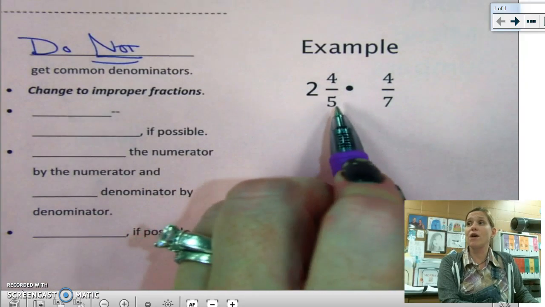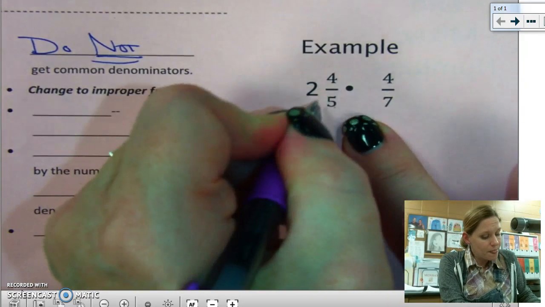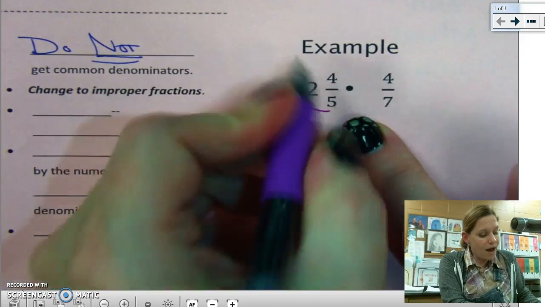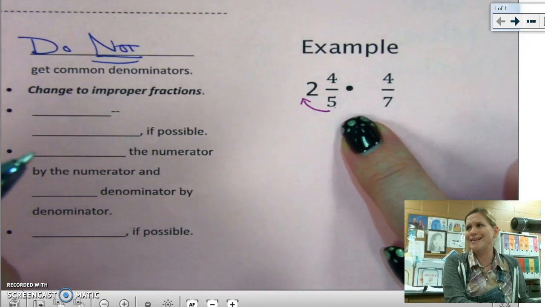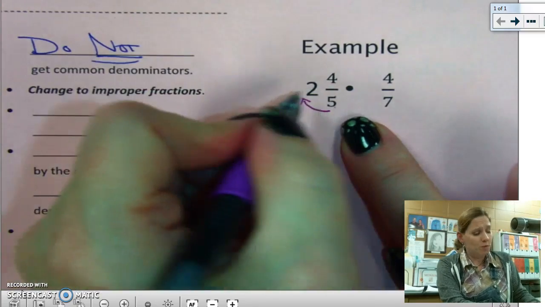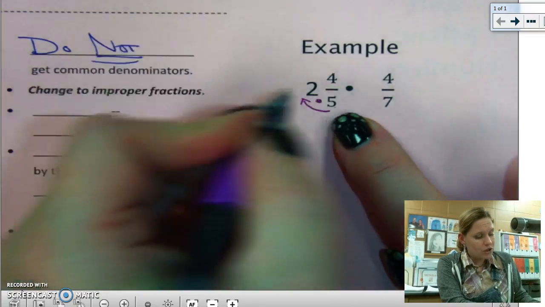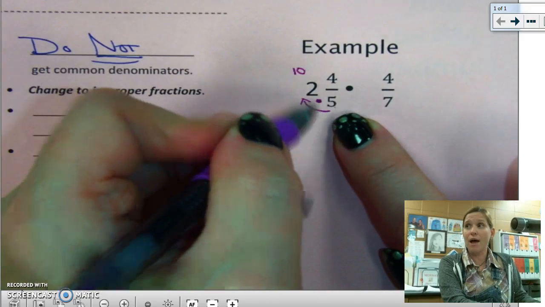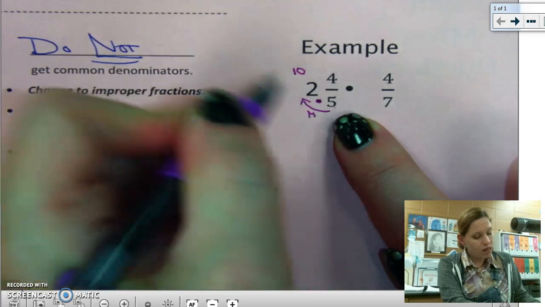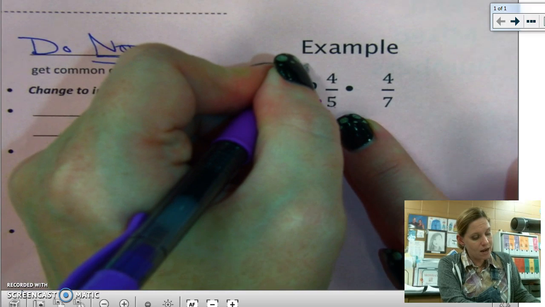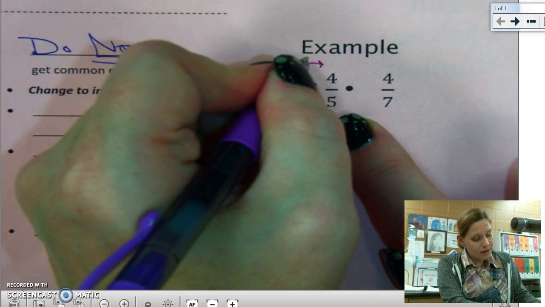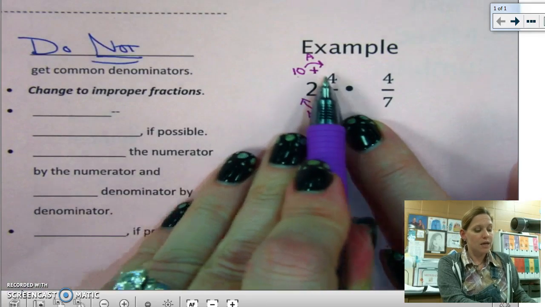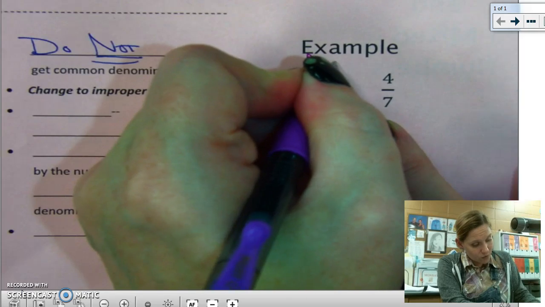So we're going to start with our denominator of 5, and we're going to work our way around this number. So 5, and we're going to do MAD. We're going to make this mixed number MAD. We are going to multiply 2 times 5, which is 10. That's the M, multiply. And now we're going to take our answer of 10, and the A stands for add, and we're going to add that to the 4. 10 plus 4 is 14.